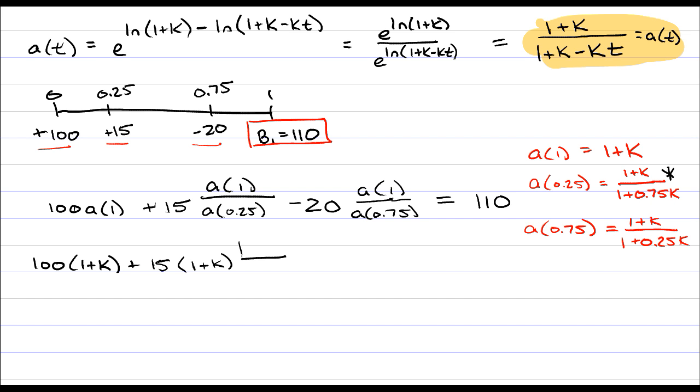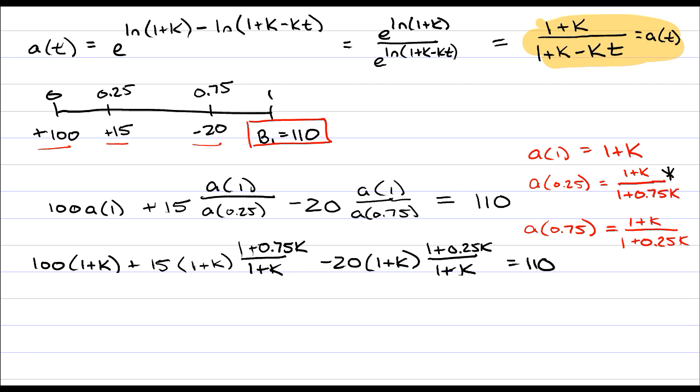So this gives me 15 times 1 plus 0.75k divided by 1 plus k minus 20 times a of 1, and in a similar way I divide by a of 0.75, so I multiply by the reciprocal to get 1 plus 0.25k divided by 1 plus k, equals 110.